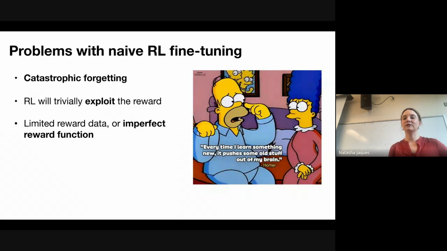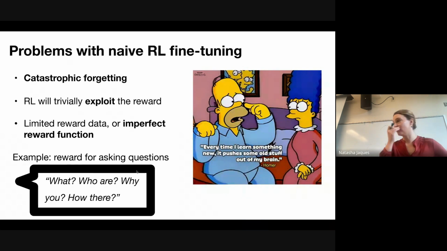And it has no incentive not to just erase what it previously learned from the data to exploit that reward. So if you, for example, train a language model on a reward for asking questions, which you might think would be a good thing to do, this is what it looks like. If you train it on the music theory reward that I coded up, guess what is the optimal composition?